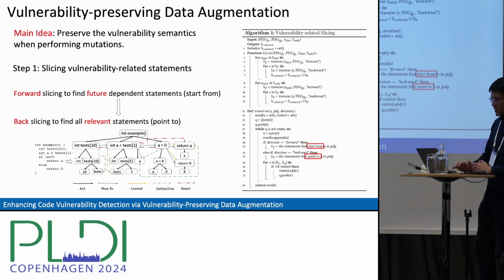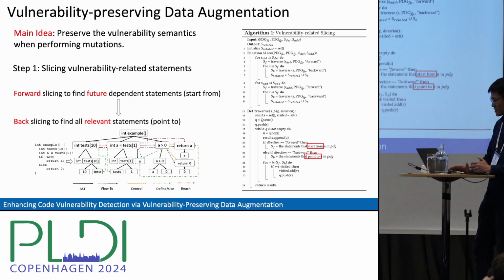As I introduced, it is quite difficult to ensure that each type has a sufficient number of samples for the learning phase. So we propose a data augmentation technique to scale up the collected data while keeping the semantics unchanged. This vulnerability preserving algorithm consists of 2 steps.